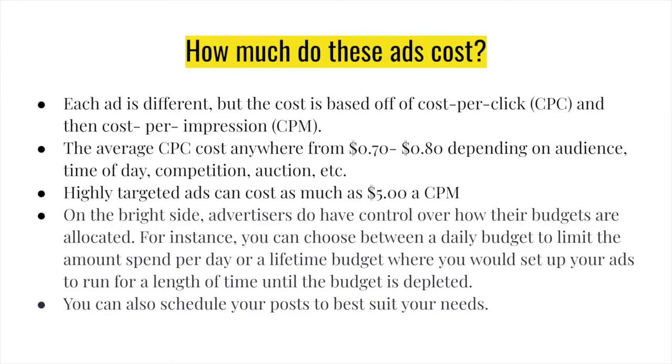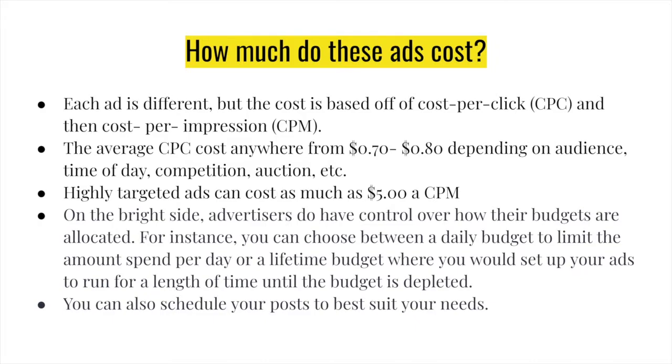There are two things that the cost of advertising on Instagram is based off of. The first is called cost per click, or CPC, which is quite literally you have to pay every time someone clicks on your ad. And it often costs between 70 and 80 cents per click on a given advertisement.